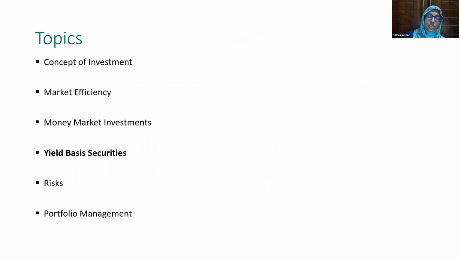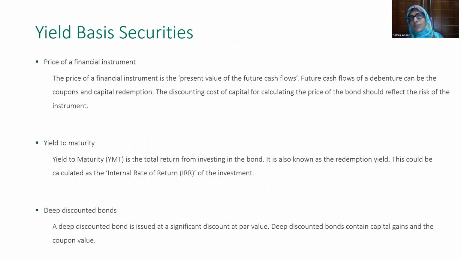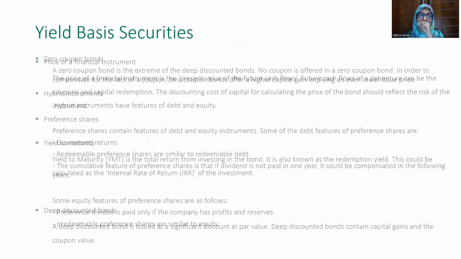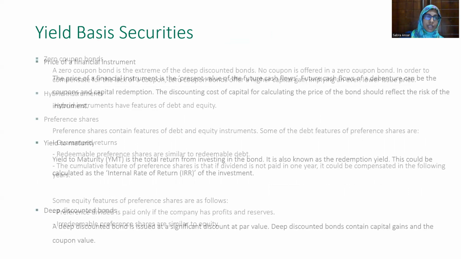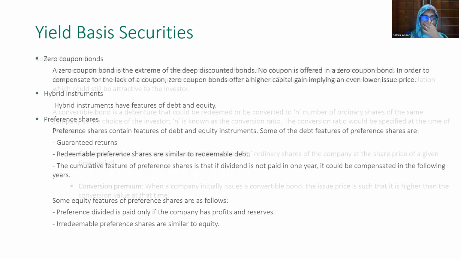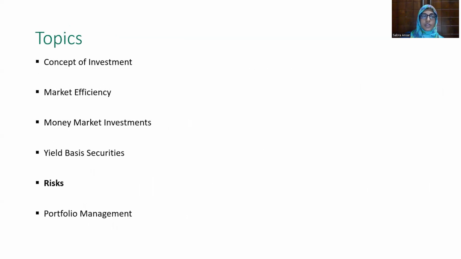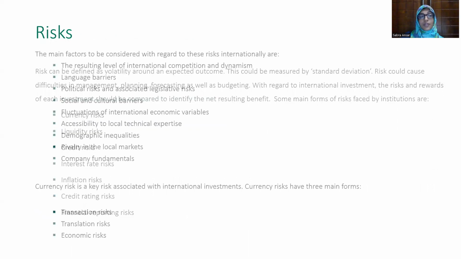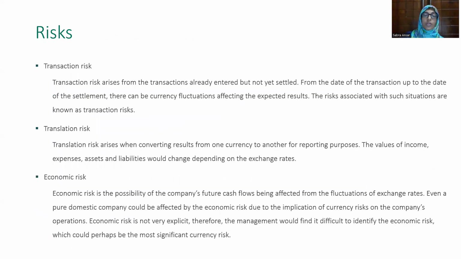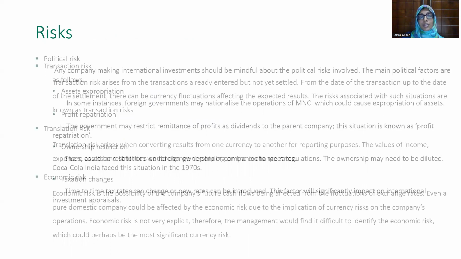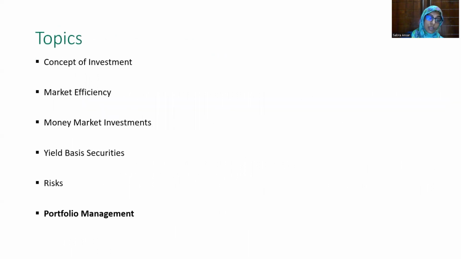Then we moved on to yield-based securities, where we gave a small understanding of different types of yield-based securities, and thereafter we spoke about risk, different types of risk, and the main factors related to risk. Thereafter we spoke about three main risks: transaction, translation, and economic risk. Then we spoke about political risk as well.